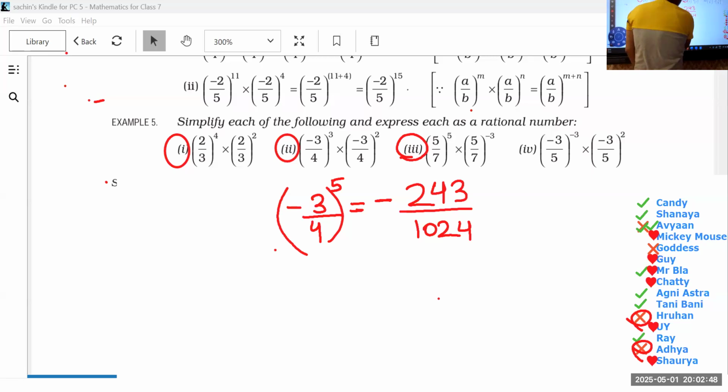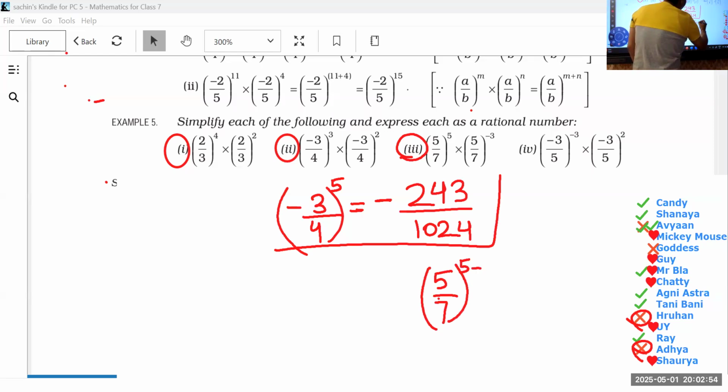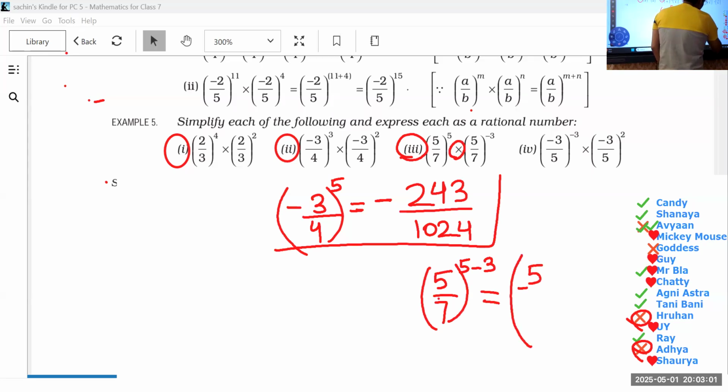So it will be 5 by 7 raised to the power 5 minus 3. So I am adding them, because the sign is multiplication, I am adding them. So I will get 5 by 7 raised to the power 2. That is 25 upon 49. As simple as that.